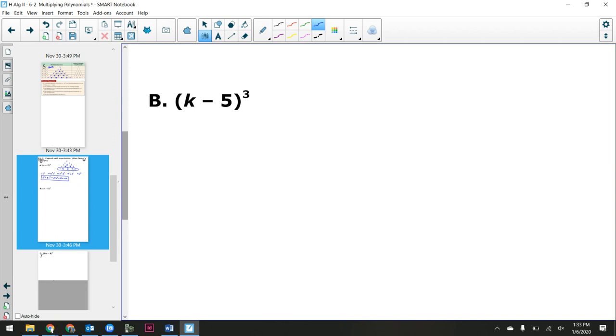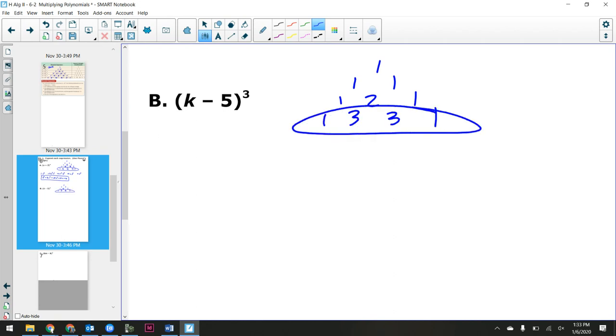So we've got k minus 5 to the 3rd power. I need the 3rd row. Row 0, 1, 2, 3. That's the row that I need. So we have 1, 3, 3, 1.